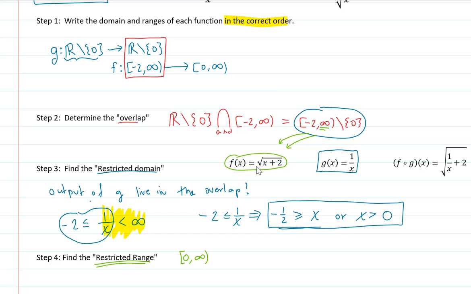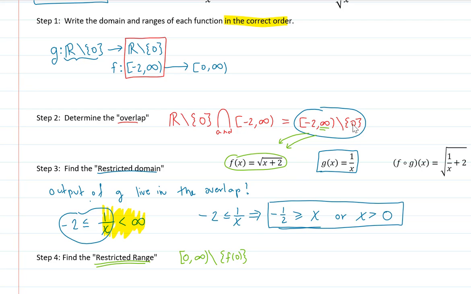The problem is that, typically the square root function, we can put 0 into it, the square root of 0 plus 2. But in our overlap, we've said we can't use 0. And if I can't use 0, then that means the number f of 0 is no longer in the range of my function. What I'm saying is we need to take away the number f of 0.